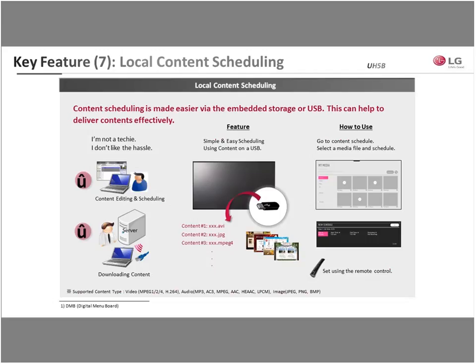All you need is your USB flash drive with content on it, and you plug it into the actual monitor, and now you can schedule that content on the monitor, playing in whatever increments you want, 1 minute, 2 minutes, coming after a video, going before an actual template, whatever it is that you want to do, you can do it.